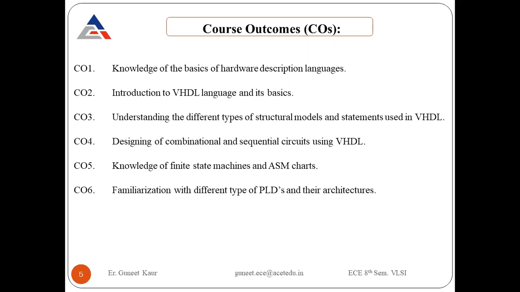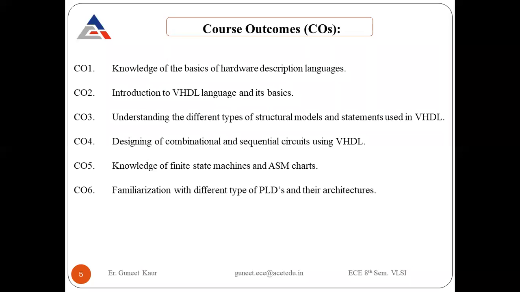First is knowledge of the basics of hardware description languages. As VLSI is a hardware description language.